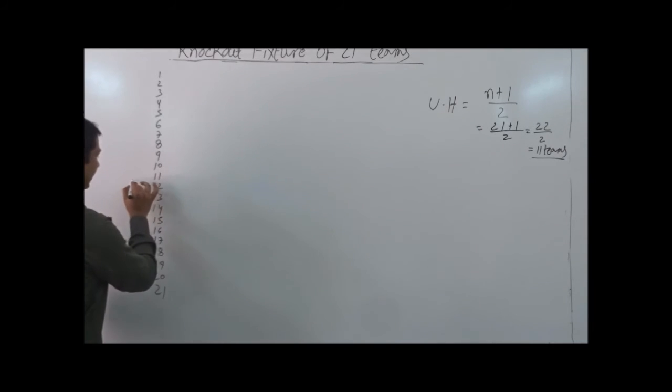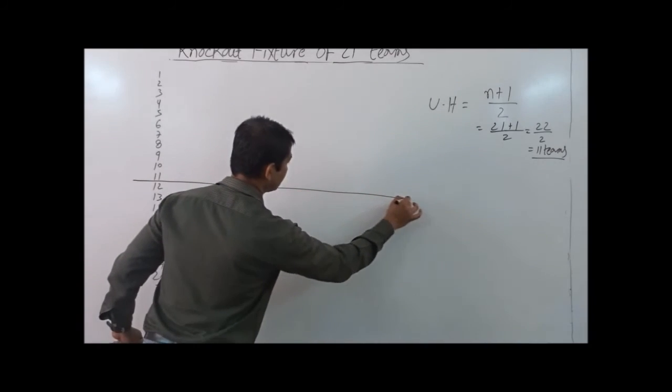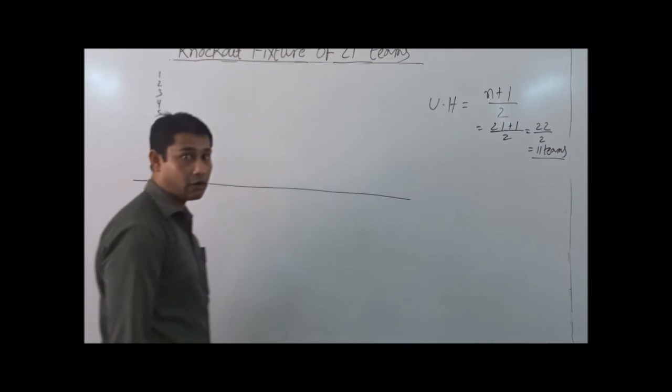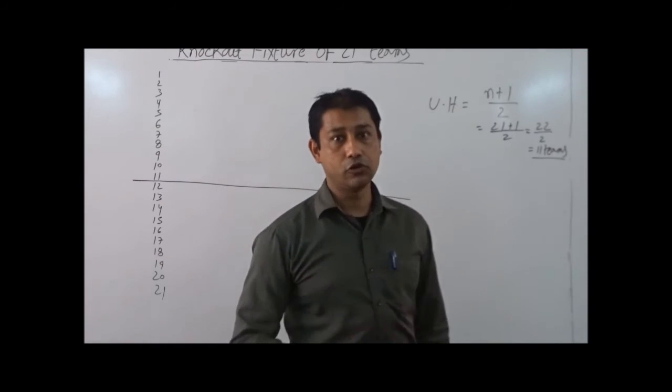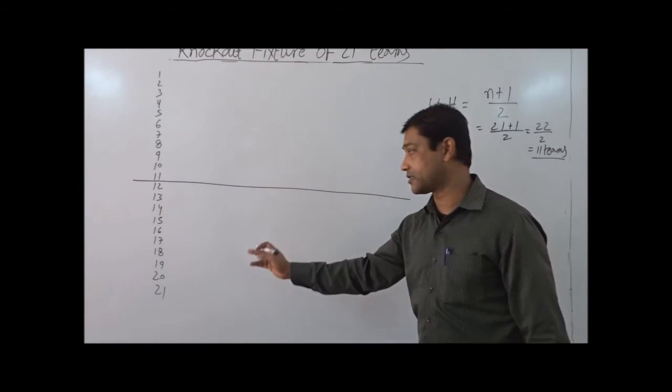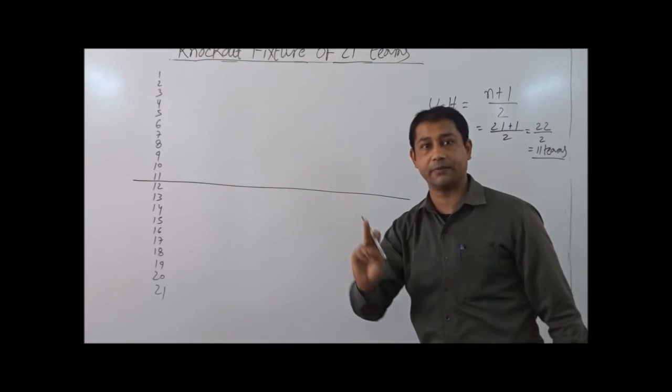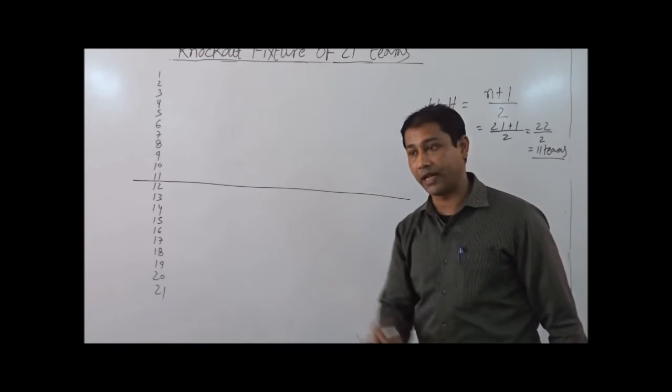Just drag a line. 11. Now, as per rule, we need to divide into quarters because total number of teams participating are 21.